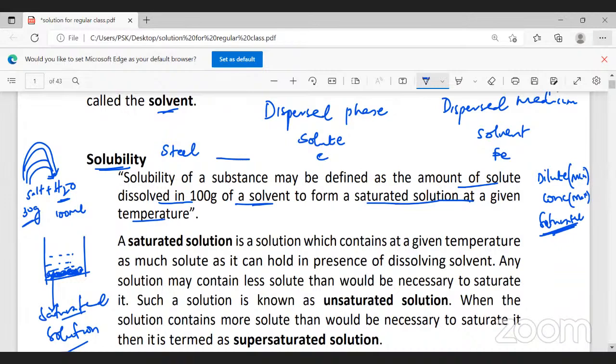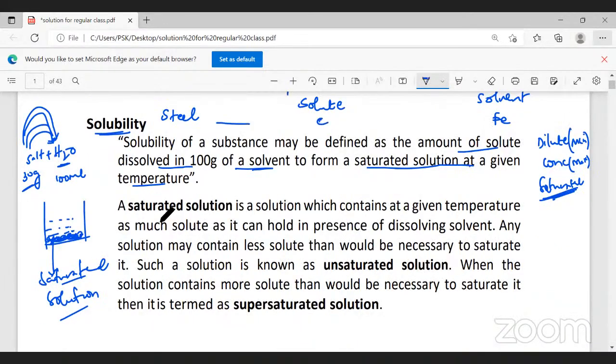Follow? Yes, sir. Now, saturated solution, as I already told you. What is a saturated solution? A solution which contains, at a given temperature, as much solute as it can hold in the presence of a dissolving solvent. I clearly told you, a solution in which further dissolution of a solute is not possible. Now you see, I told you the first time you add a tablespoon of salt, it dissolves.